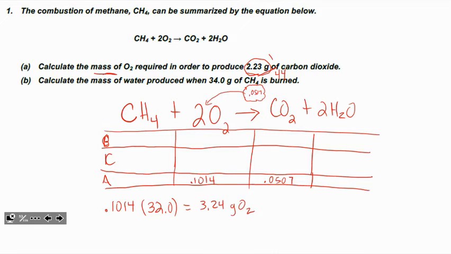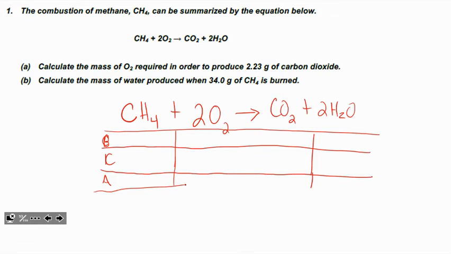Okay. They also wanted to know here the mass of water produced when 34 grams of methane is burned. We are now going to start with 34 grams of methane. So I need to divide this by 16. That'll give me my moles of methane.